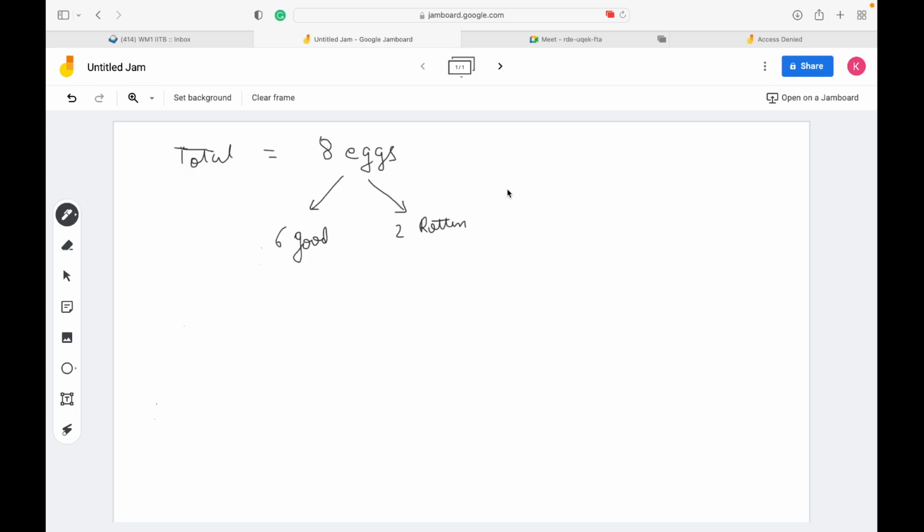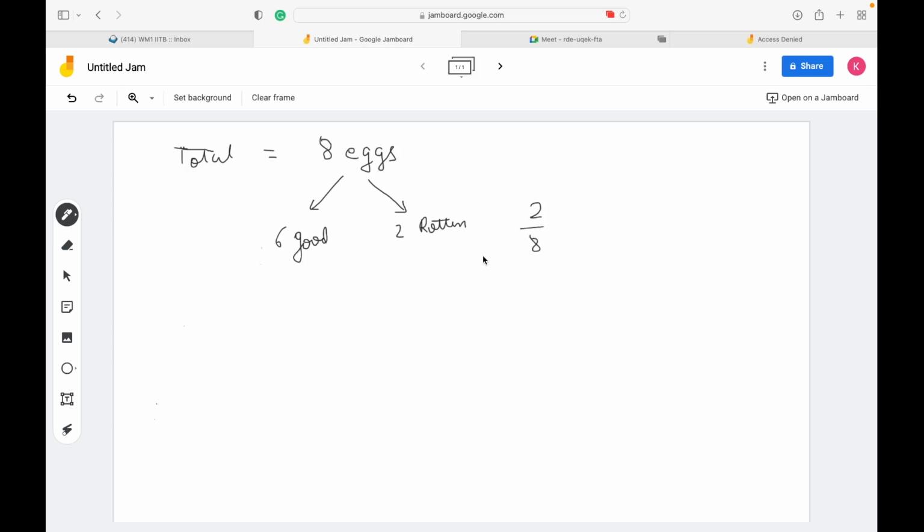When we pick the first egg, the probability that it is rotten will be 2 by 8, because there are 2 rotten eggs and 8 total eggs.